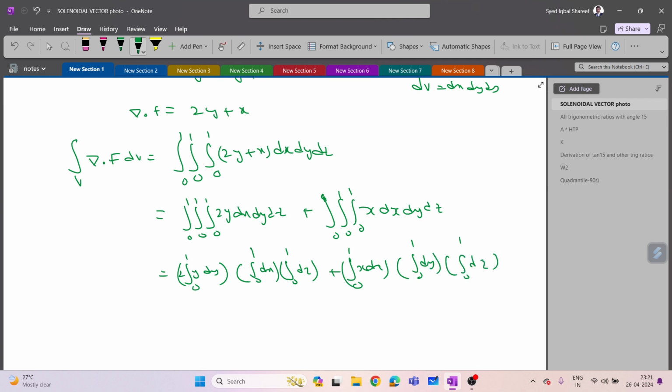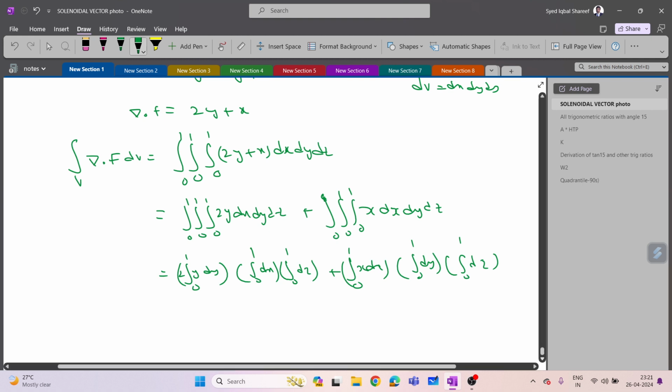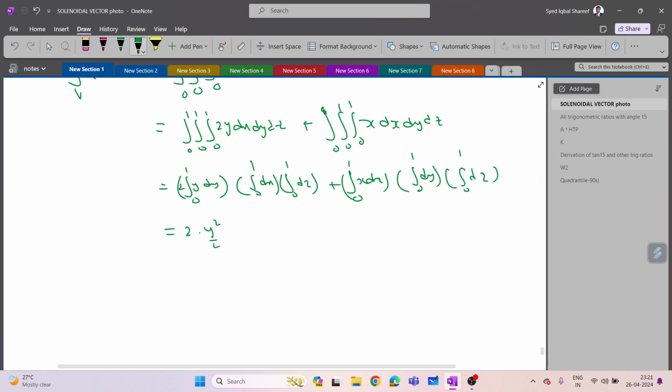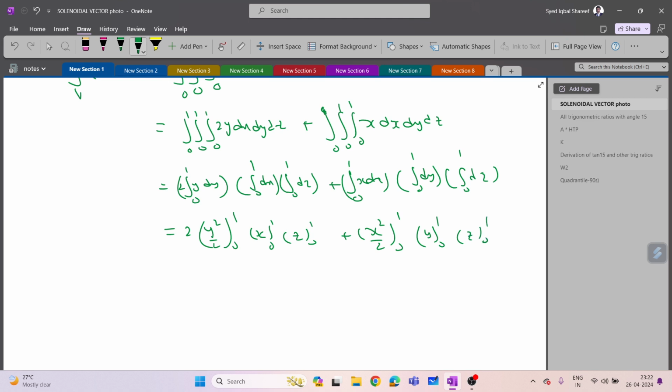The integral of 2y is y square, and the integral of dx is x, and the integral of x is x square by 2.